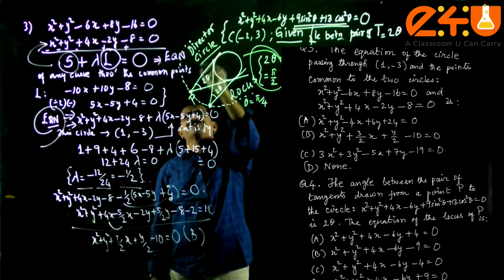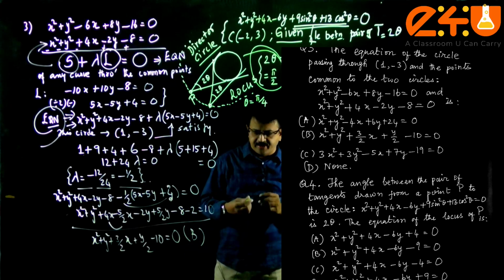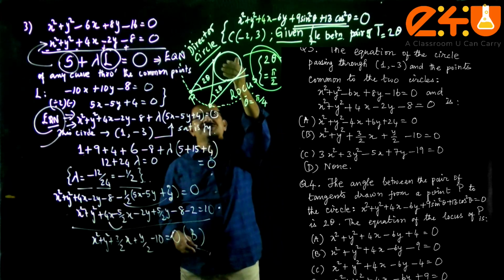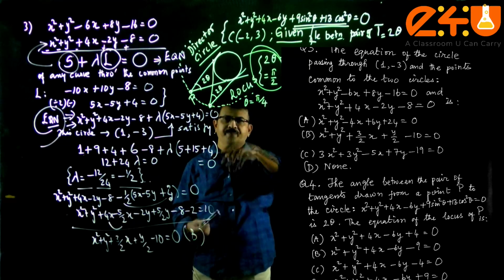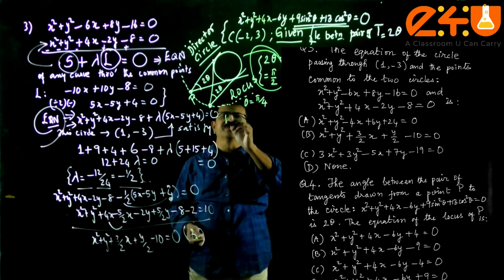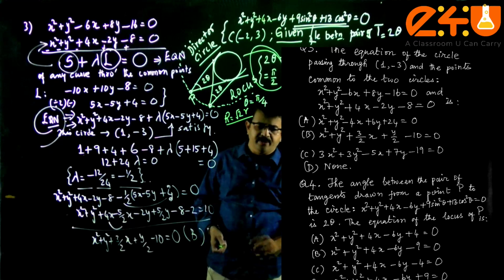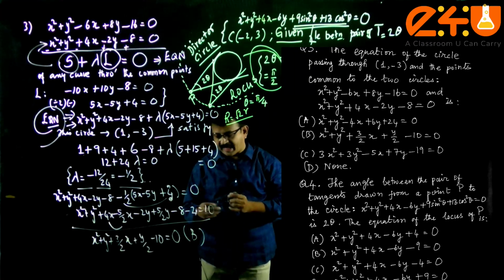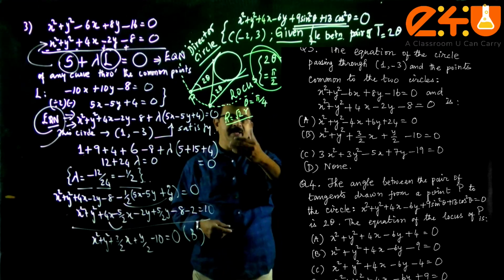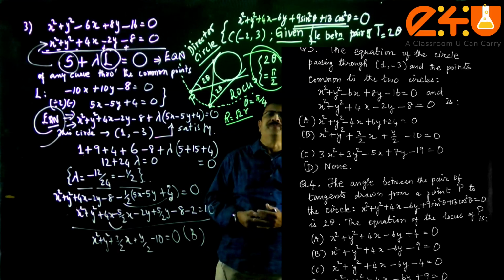We already saw in our theory session, if the given circle has radius r, the director circle has root 2 times the original radius. Capital R, as I have mentioned already, is root 2 times small r.